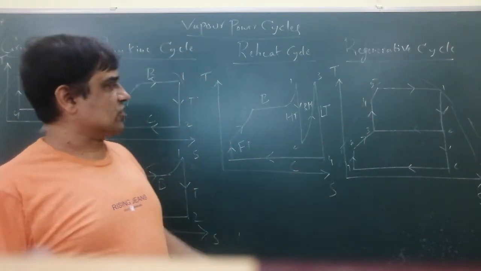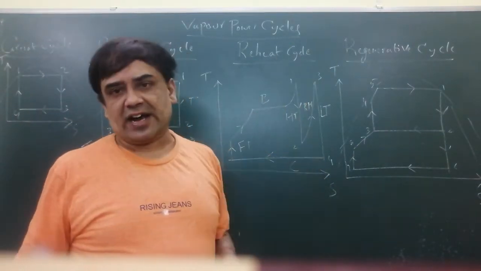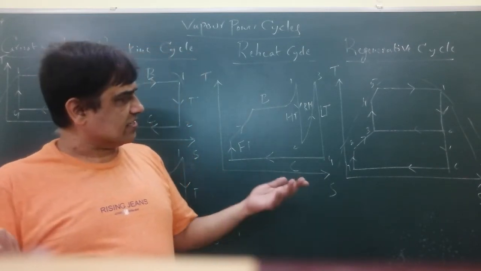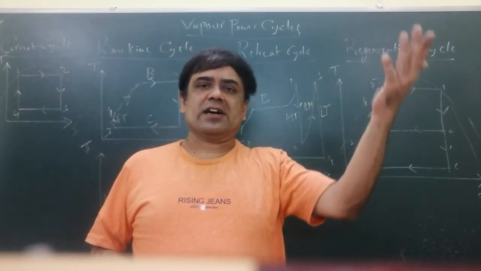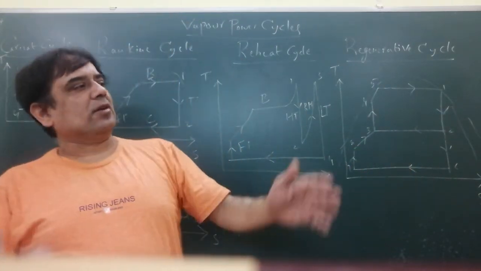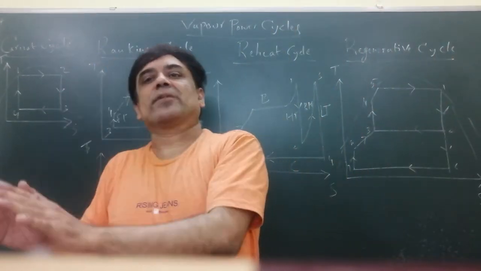How to calculate cycle thermal efficiency when a problem is taken on Rankine or reheat cycle? The same. Cycle thermal efficiency is what? Work done upon heat added. When we were solving a problem on gas turbine, it was turbine work minus compressor work.